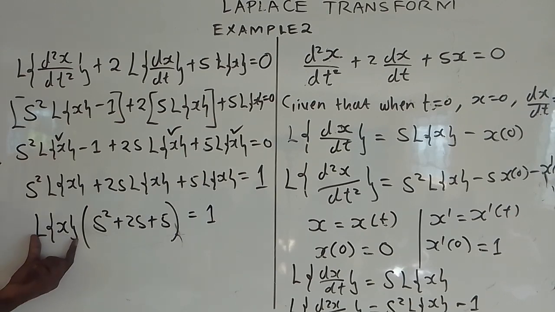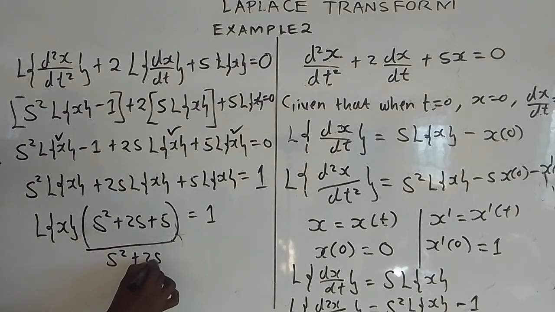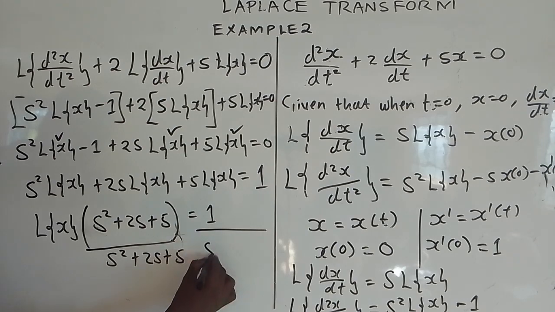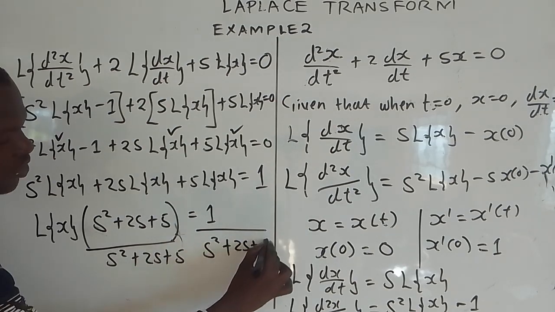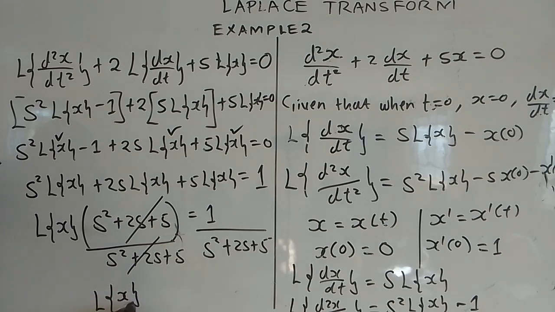So for you to get Laplace transform of x, you must get rid of its coefficient, meaning you divide both sides of the equation by s squared plus 2s plus 5. So this cancels with that, and you remain with Laplace transform of x equal to 1 over s squared plus 2s plus 5. Are we together there? So after you found that, it means for you to get x, you take the inverse Laplace on the other side of the equation, isn't it?